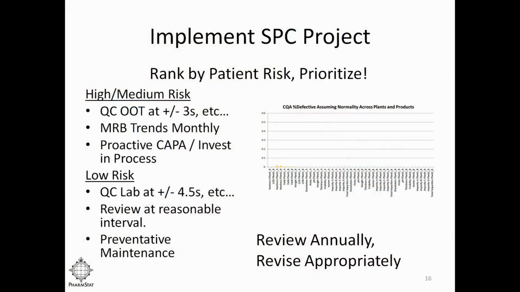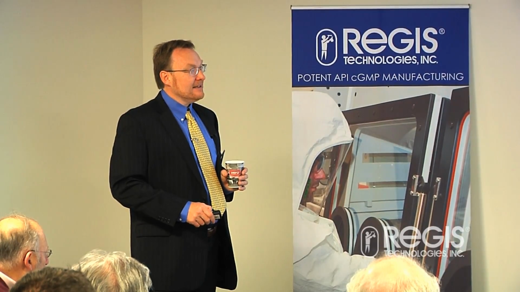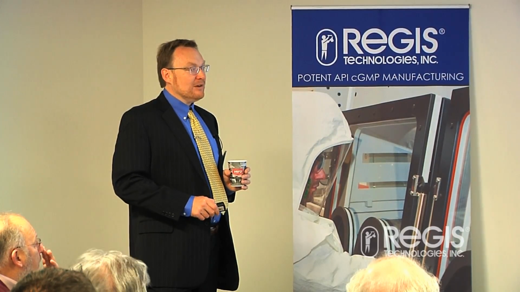So here we might open up our trend limits to plus or minus 4.5 standard deviations, et cetera. We might just review them at a reasonable interval. Maybe look at them once a year. Have manufacturing look at them once a year. Maybe just do preventative maintenance on them. Because if that represents risk to the patient, well, we have more important things to do.